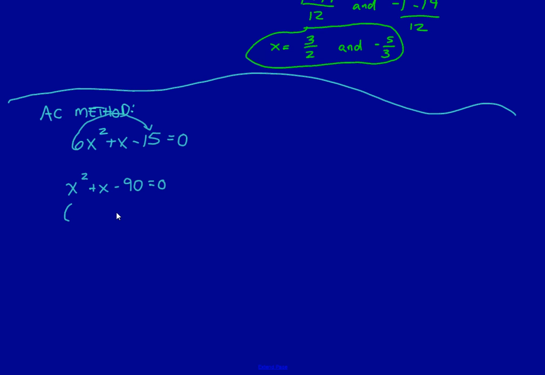And try to factor this thing. This is just a good review of how to do the AC method. We get x, and we need to multiply to get 90, but be 1 apart. That'll be 10 and 9. That'll get me 90 and be 1 apart, and it'll be positive 10, negative 9. Now I have to come back through and divide by 6, because that's what I multiplied from the start.